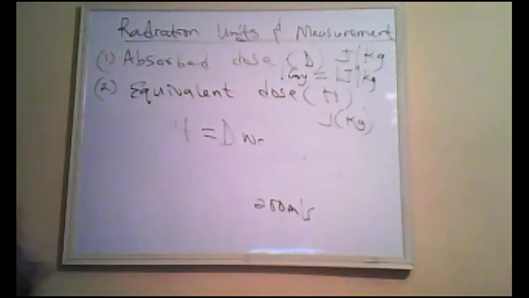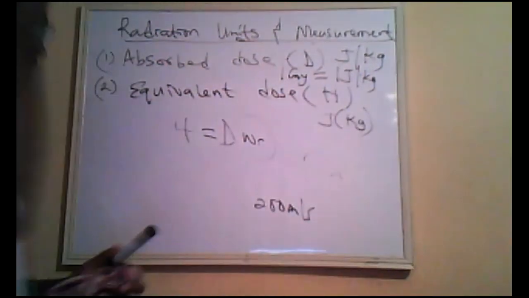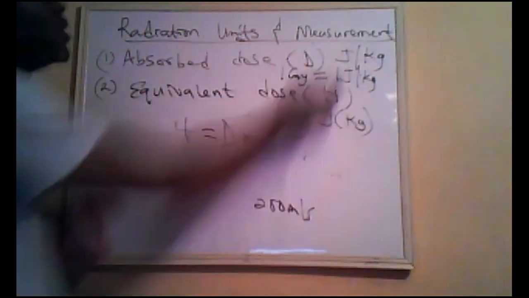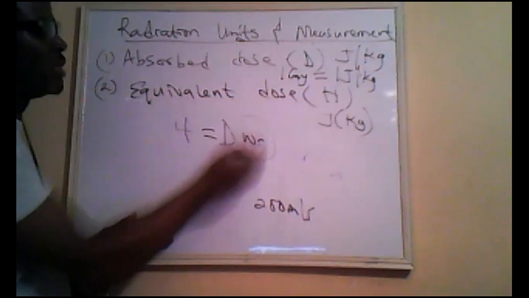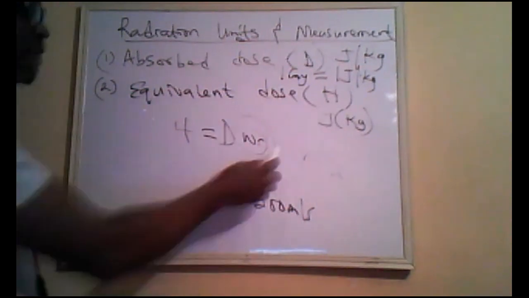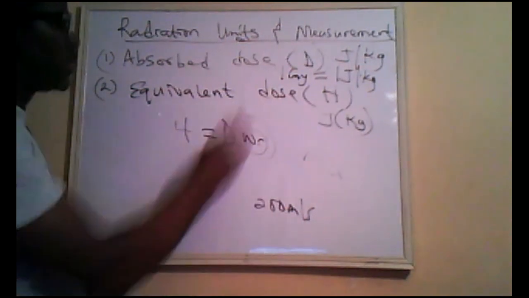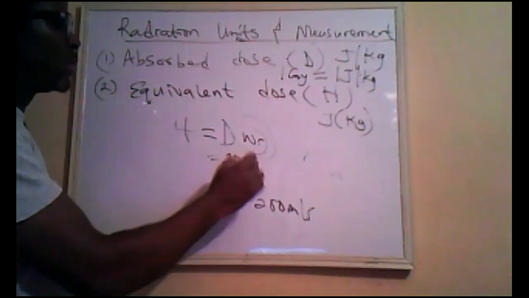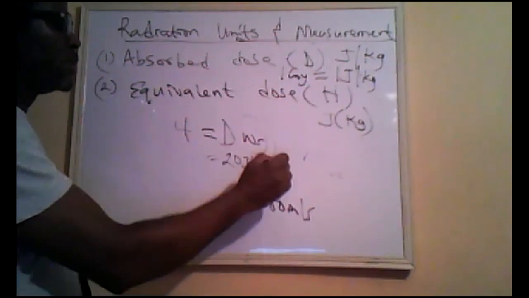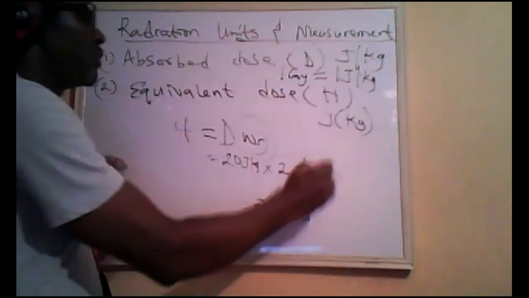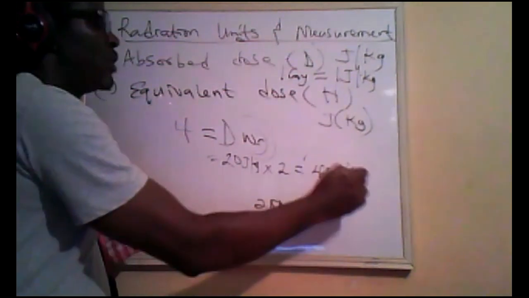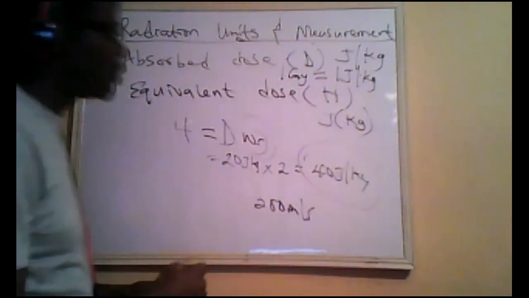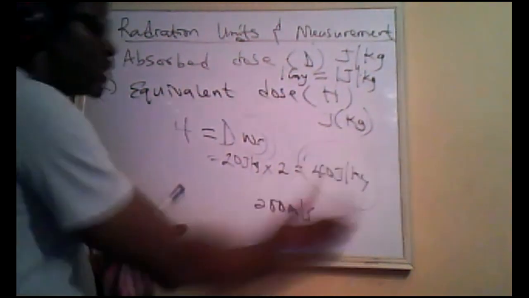Equivalent dose also has a special name. This joule per kilogram is somewhat different from that joule per kilogram because we are talking about the radiation weighting factor. Let's say the absorbed dose is 20 joule per kilogram, and with a weighting factor of 2, I'm looking at 40 joule per kilogram. This quantity has a special name.